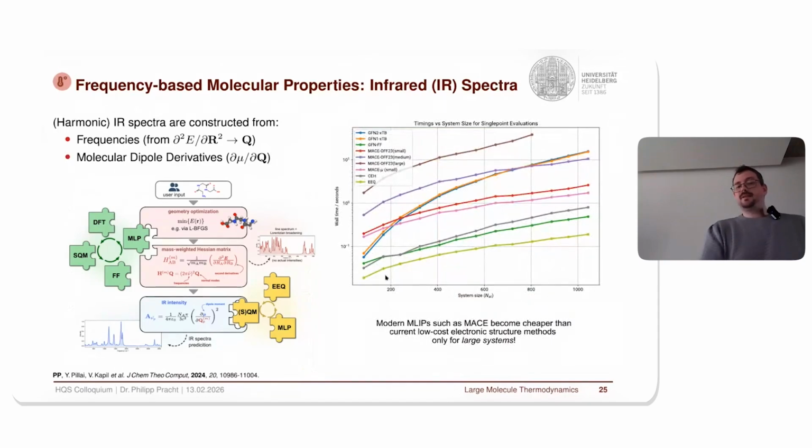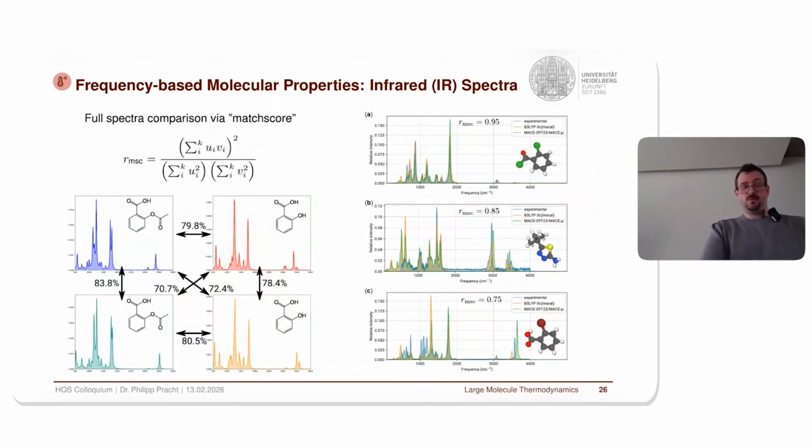And you already see, okay, semi-empirical methods for up to 200 atoms, which is most of relevant chemistry, are still much cheaper than the machine learning force fields and machine learning interatomic potentials. But are they also better? And the answer to that is probably no.